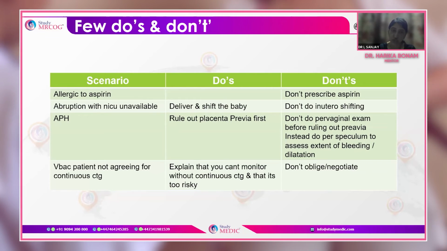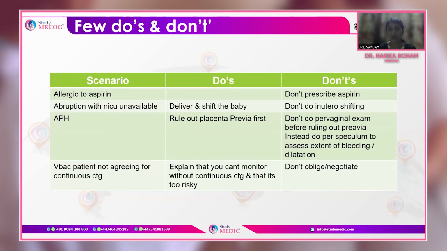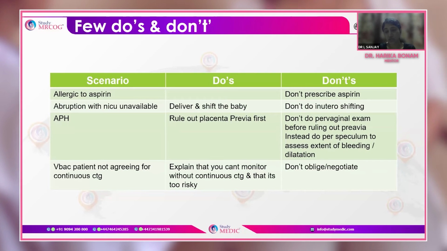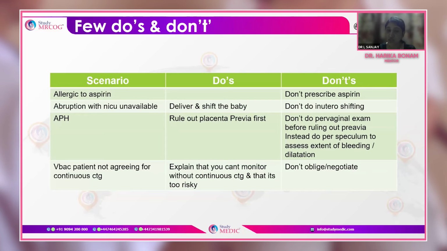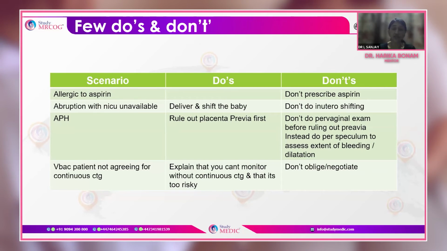Say another scenario: a VBAC patient who is not agreeing to continuous CTG. Here you must not oblige or negotiate. Don't say that you'll do the CTG for half an hour and later put her on the CTG. You have to tell her that it is very important to monitor the baby with continuous CTG, as she has a scar on the uterus and we don't know when the scar can suddenly give way, and in those situations every minute counts, so it is too risky to keep her without continuous CTG.